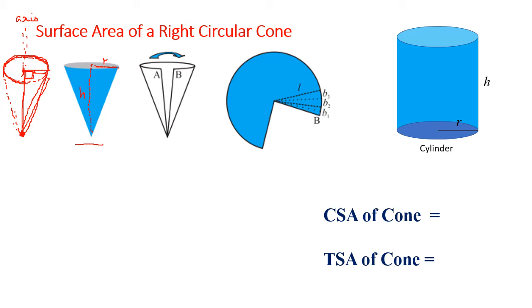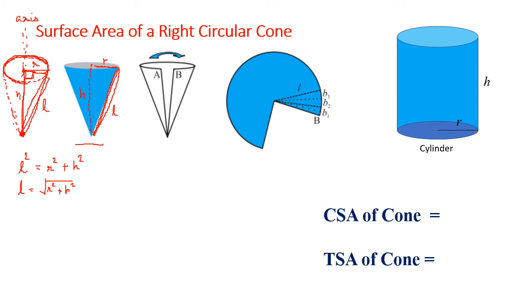But you can see the cone also has got a border. This border I will call L. L means the slant height. This is L. Now you know the Pythagoras theorem. So can you form the relation? Yes. L square, which is the hypotenuse, is equal to r square plus h square, or L is equal to under root of r square plus h square.